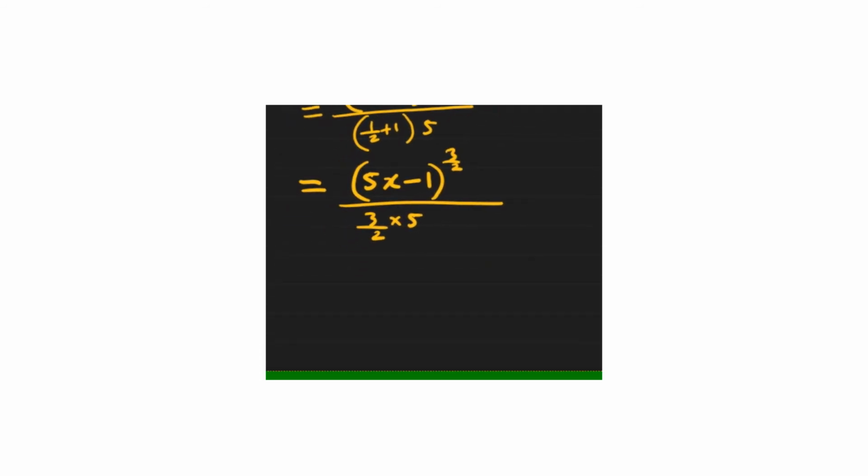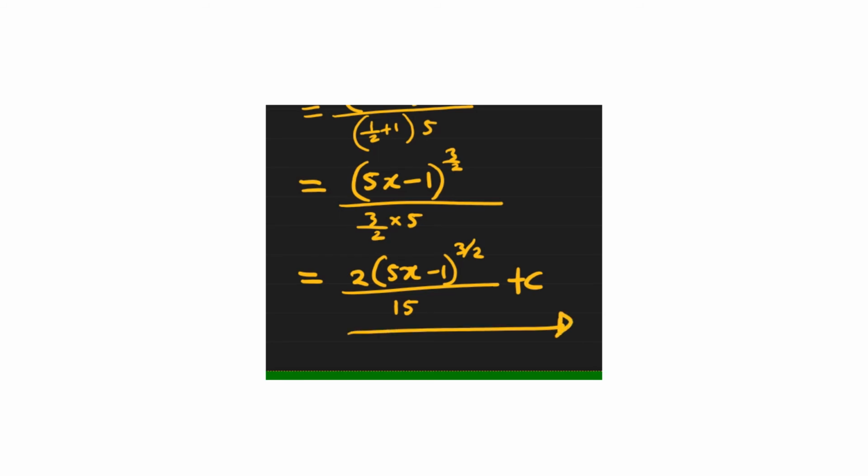Simplifying to completion, it becomes 2 into (5x - 1) to the power 3 over 2 all over 15, plus c, our constant of integration.